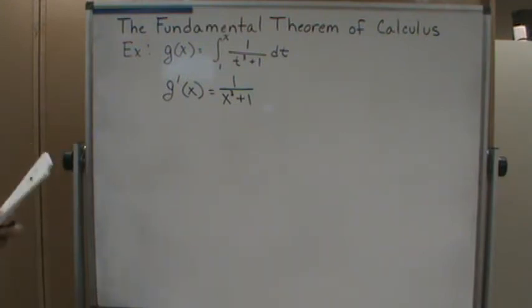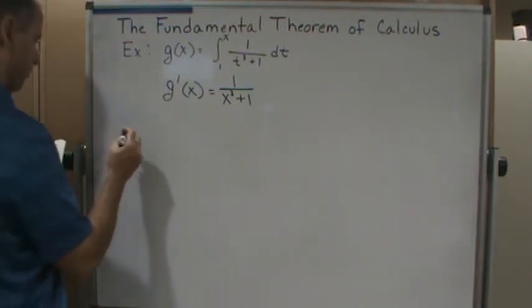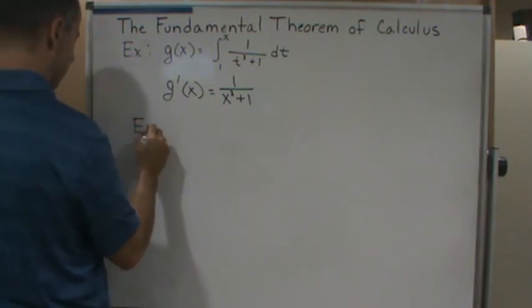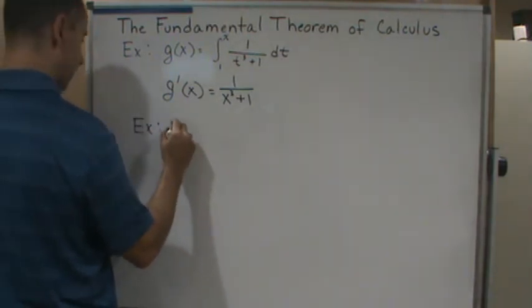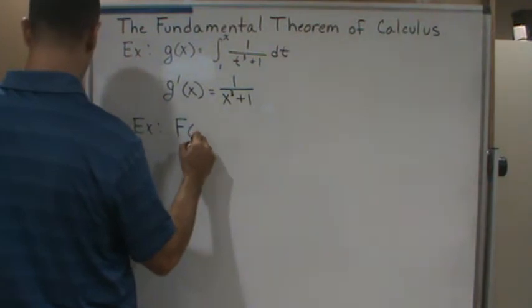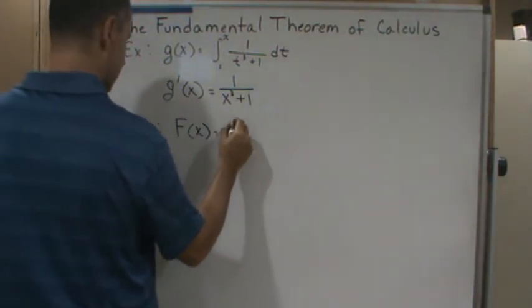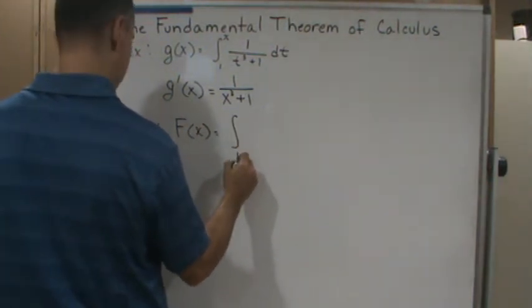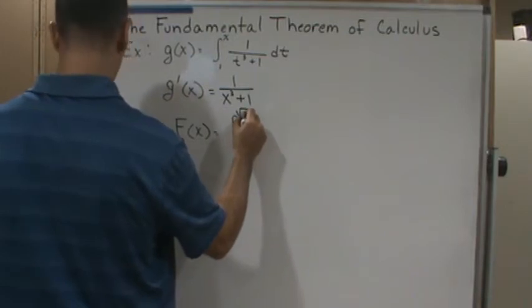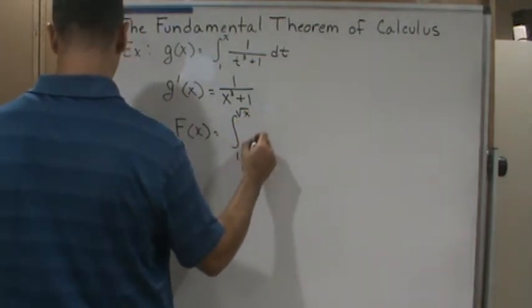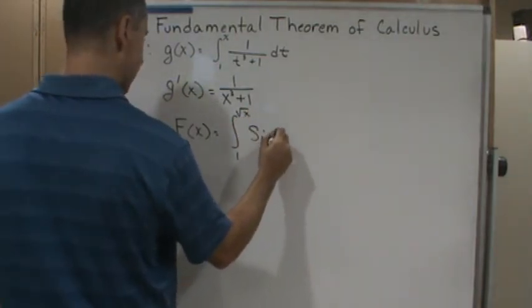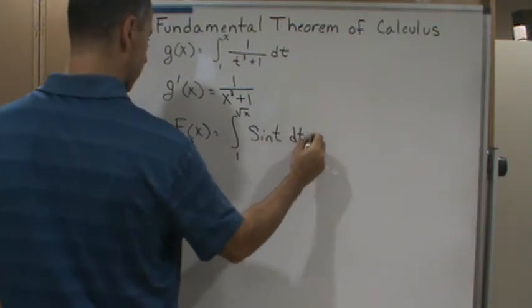Okay, so now let's do another one. In this case, we have capital F of x is equal to the integral from 1 to the square root of x of sine t dt.